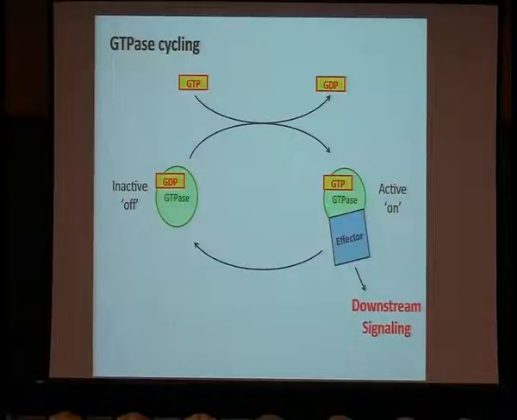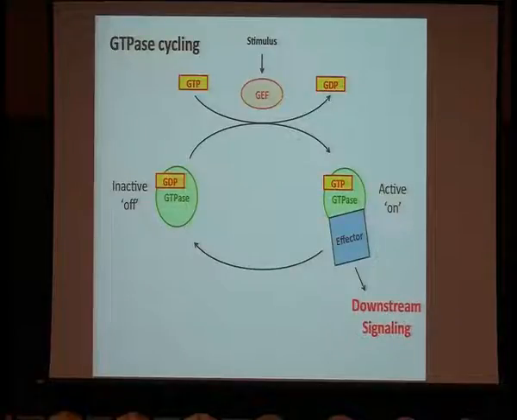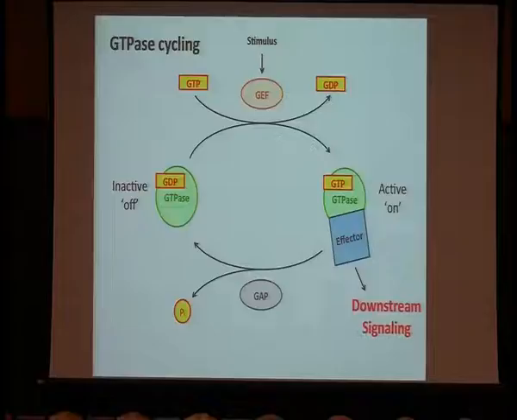It is aided in the release of GDP by the guanine nucleotide exchange factors. To get back from the active state to the off state, to turn the signaling off, there's a different mechanism: the hydrolysis of GTP. The gamma phosphate is released, and this is catalyzed or helped along by GTPase activating proteins.